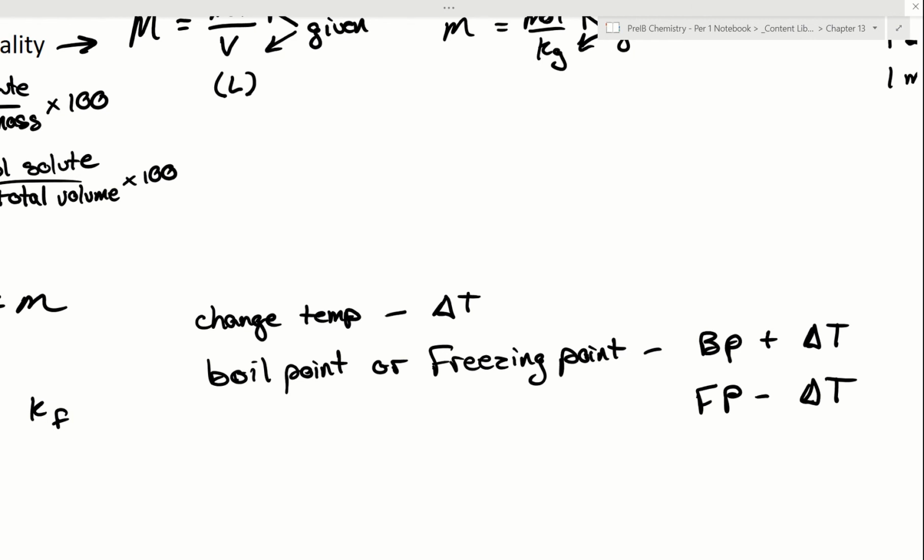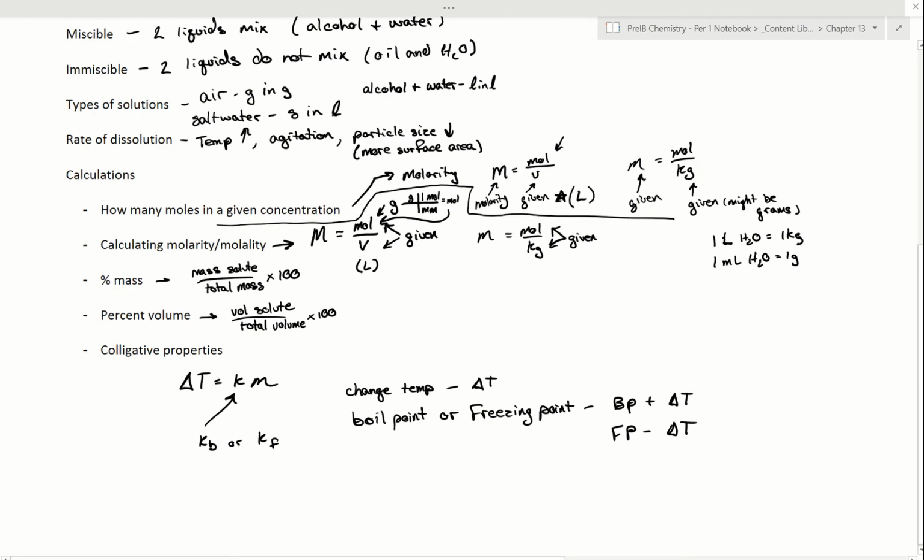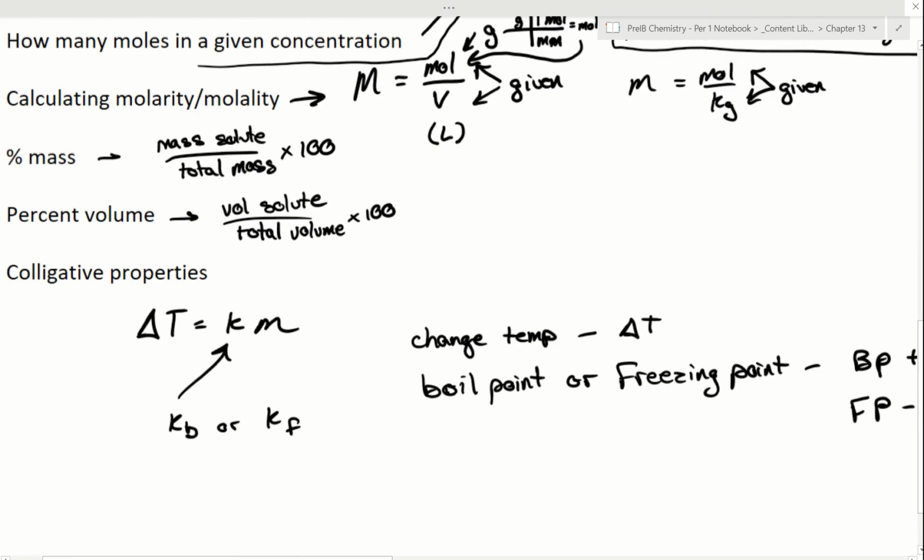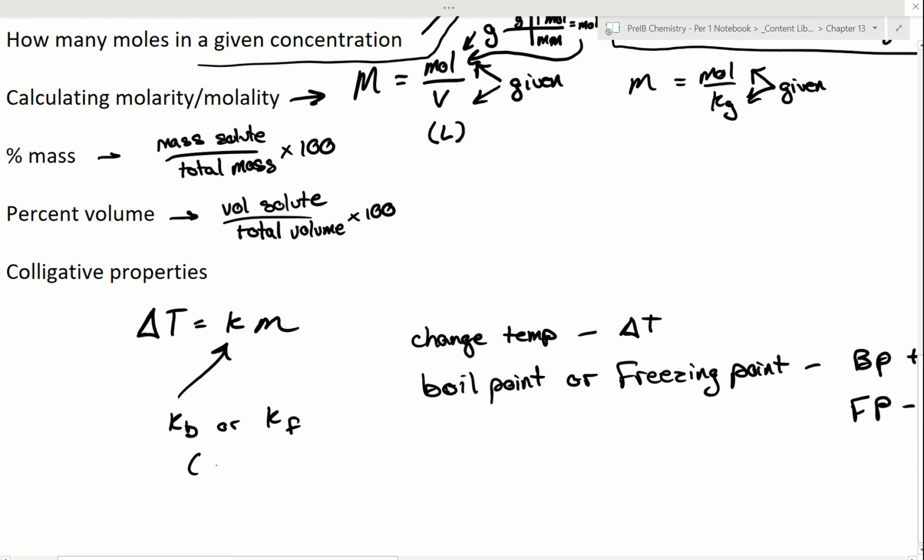So those are the basic calculations that you guys are going to be undertaking. K sub B and K sub F will be given, obviously. You don't have to memorize those. So most of those are pretty straightforward.